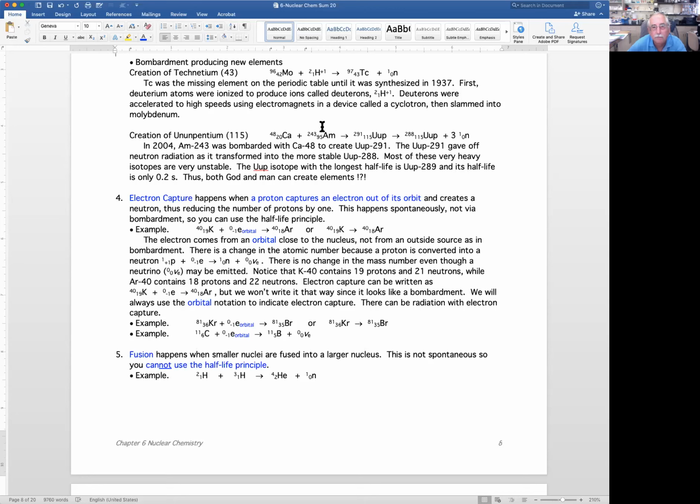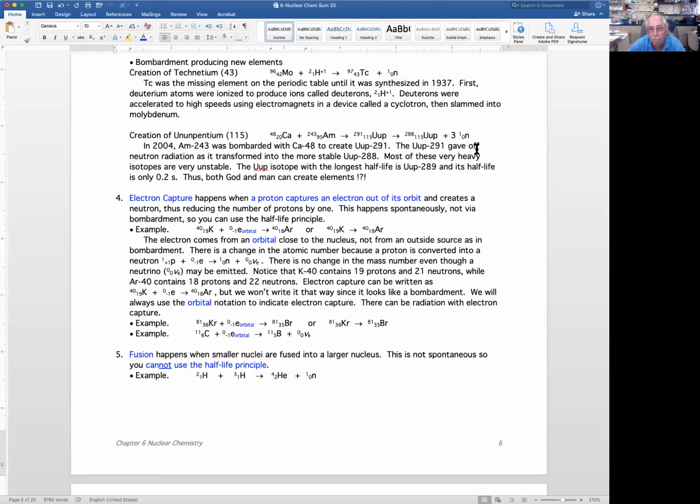They took americium-243. Oh, wait, but americium-243 does not exist naturally. That's a man-made element. So they took one man-made element, slammed it with a calcium bombardment, there was a capture, and then it broke down into element 115, and at the same time gave off 3 neutrons.